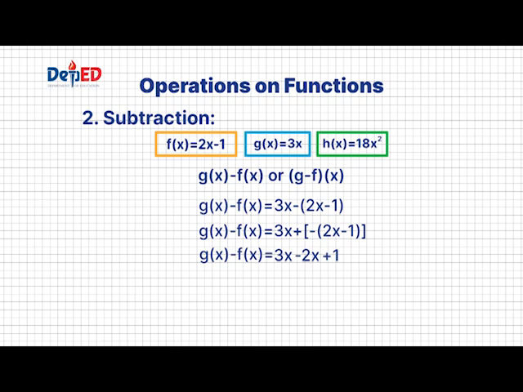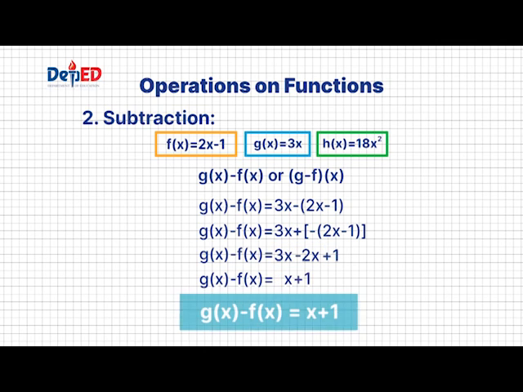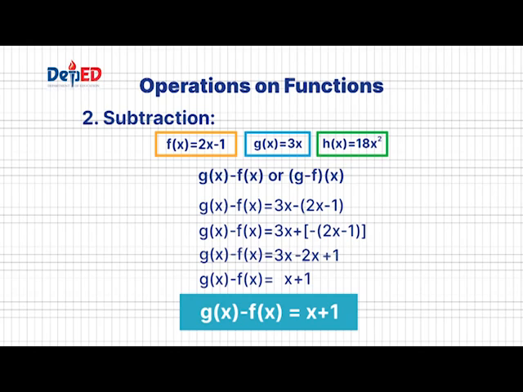We may now combine similar terms, in this case 3x and negative 2x. 3x minus 2x is 1x, or simply x. Thus, we say that g of x minus f of x is equal to x plus 1.